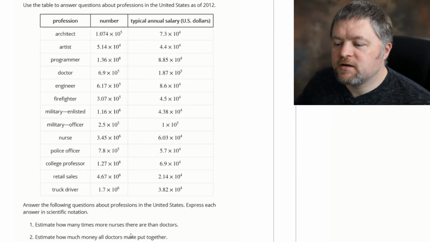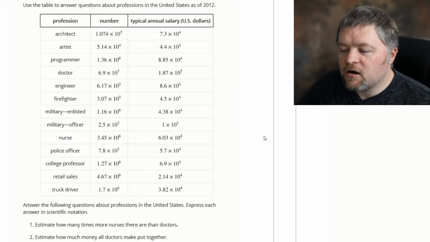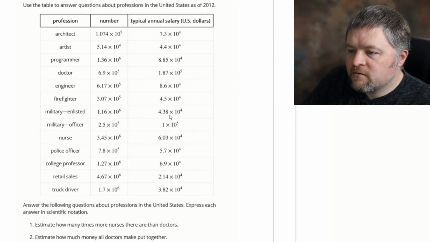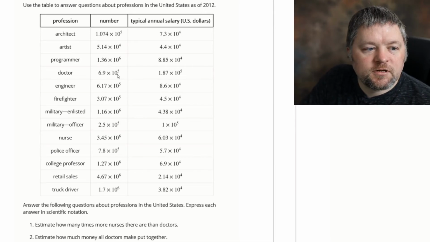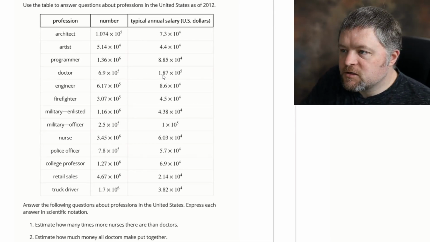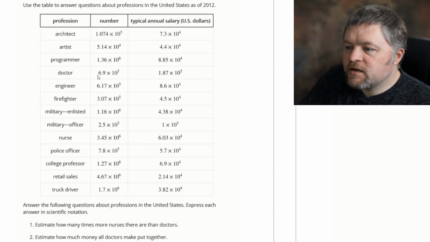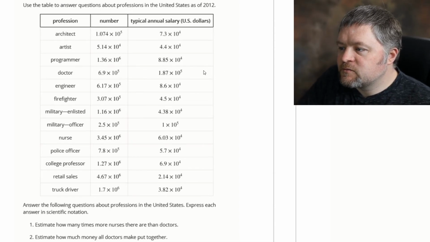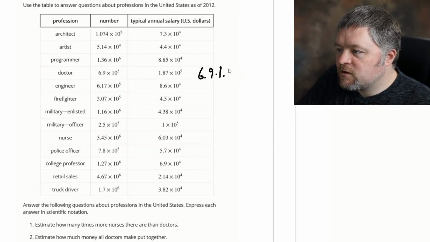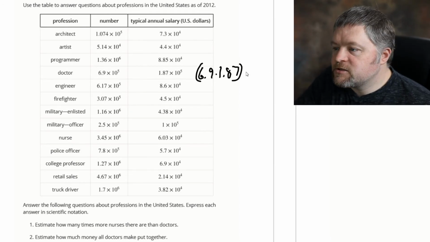Next question, estimate how much money all doctors make put together, which is just multiplying the number of doctors by their typical salary. 6.9 times 1.87. You can do that multiplication yourself.